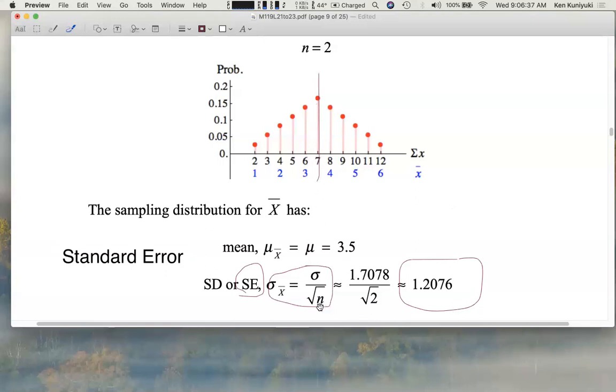As n increases, as the sample size, the number of dice increases, 2 dice, 4 dice, 8 dice, 2 million dice, that's going to have a lowering impact on the standard error, and this will become a lower and lower number. It's going to go down. As n approaches infinity, this whole thing approaches 0. We're going to get very tight clustering around the 3.5 as n gets bigger and bigger and bigger. We'll talk about this more in the next lesson.